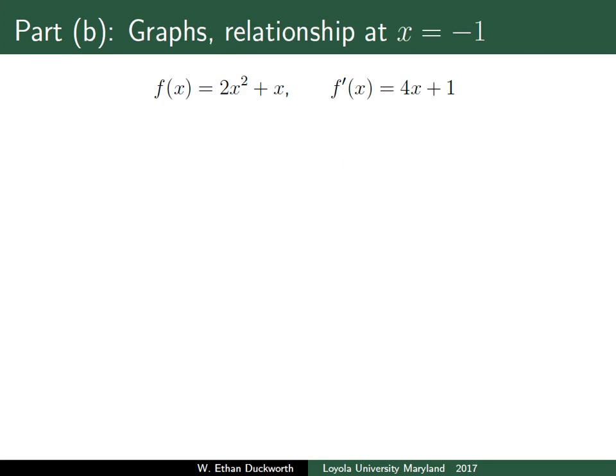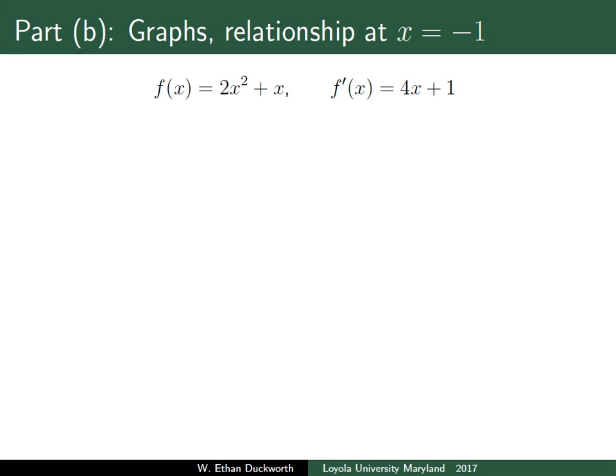We're going to graph the original function and the derivative and compare them at x equals -1. I'm not going to talk a lot about how to graph these. You could use your calculator or a computer. Probably we could do it by hand as well. It's a straight line for the derivative, and it's a parabola for f, and we should be pretty good at graphing those.